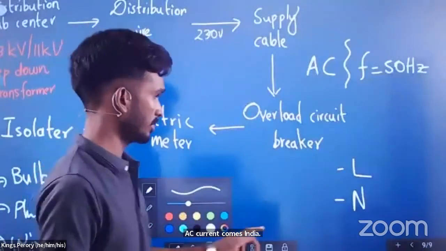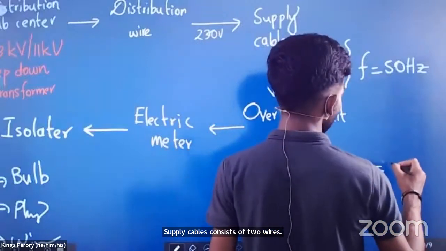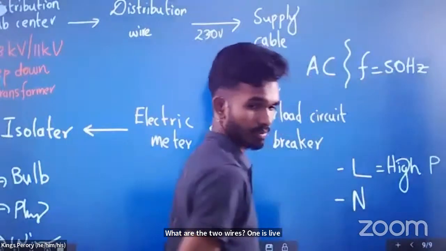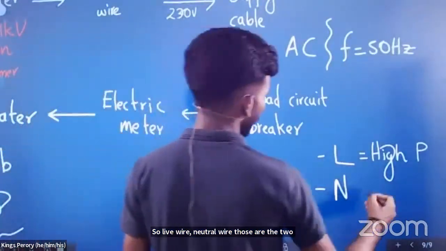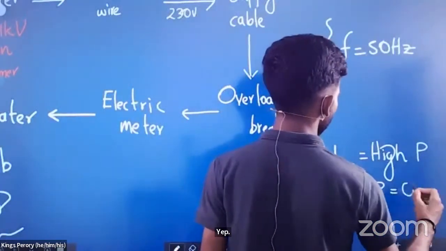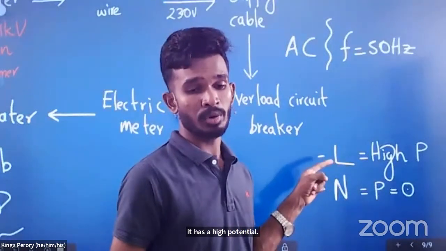Actually speaking, the live wire has a high potential. The neutral wire doesn't have a potential.